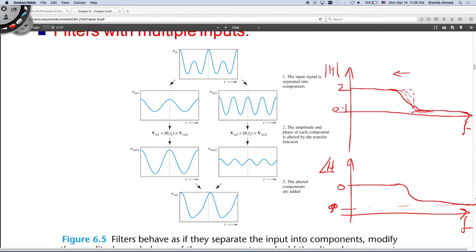Okay? So these are magnitude plots and phase plots. We will do a lot of those in this chapter. But basically, this is the frequency response of this circuit, meaning the relationship between the signal at the input and the signal at the output of this box at every frequency. That's what these are. That's fine.